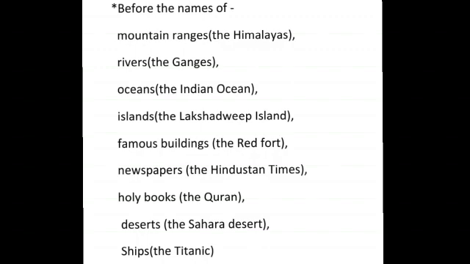Oceans, the Indian Ocean. Islands, the Lakshadweep Island. Famous buildings, the Red Fort. Newspapers, the Hindustan Times. Holy books, the Quran. Deserts, the Sahara Desert. Ships, the Titanic. So here we use article the.